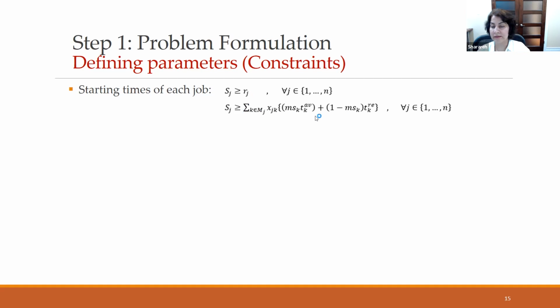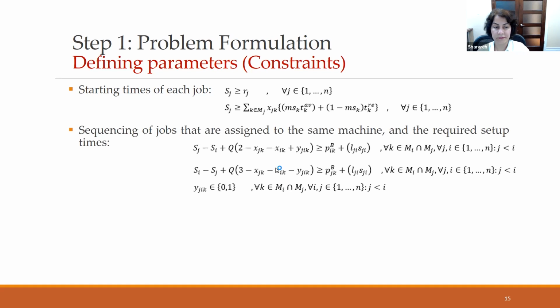This one is used for the case where the job can start only if a machine is available, or if the machine comes back after its recovery time, for example if it has been down for maintenance. And this set takes care of the preceding jobs, making sure that if one order precedes the other, both orders are assigned to the same machine.